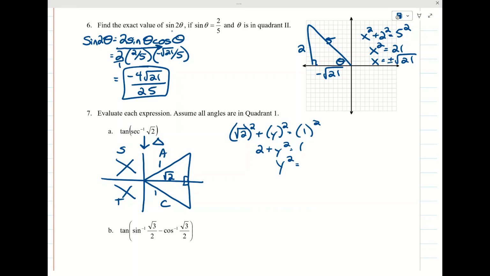Oh, sorry, I made a mistake. I drew it out like cosine, but secant, the root 2 would be over here. Sorry. Secant is hypotenuse over adjacent. So hypotenuse over adjacent, root 2 over 1.